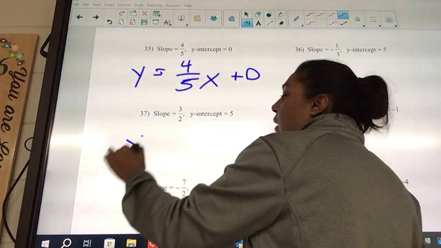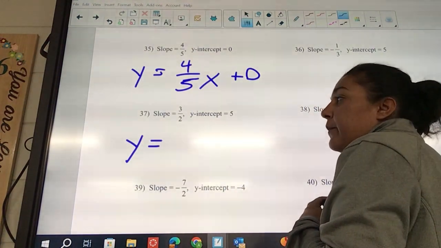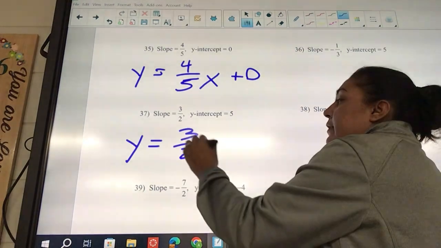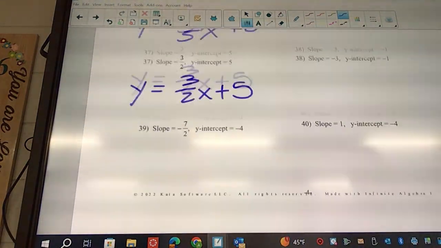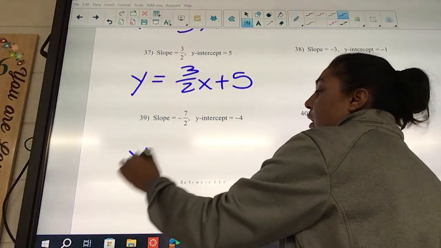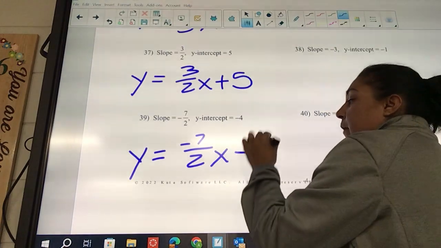We got y equals, what's my slope? What's gonna come first? 3/2, x +5. We're gonna have y equals -7/2, x -4.